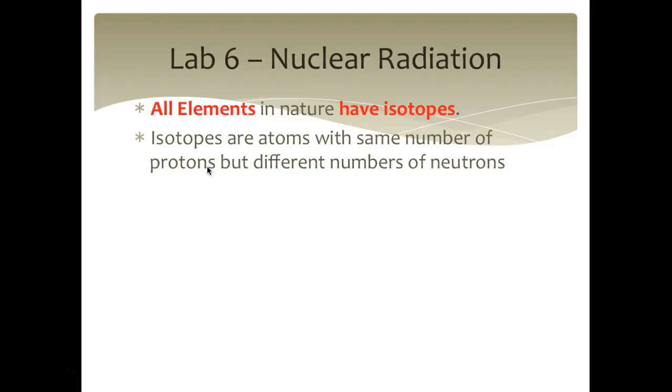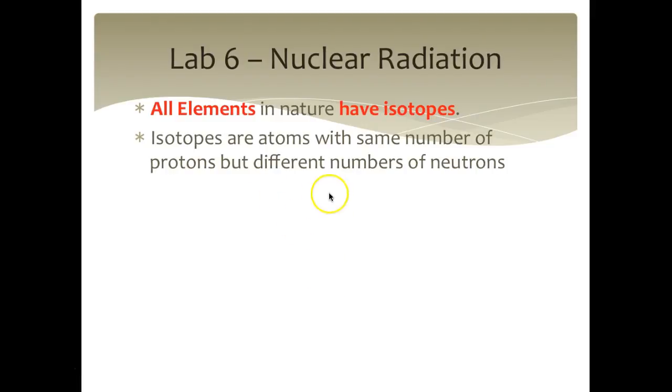So you can see that the constant in all of these hydrogens is the one proton. And that's why they are the same element, all right? The protons are the identity of the element. So all of these isotopes have the same number of protons, which is why they're all different forms of hydrogen, but they differ in the numbers of neutrons.